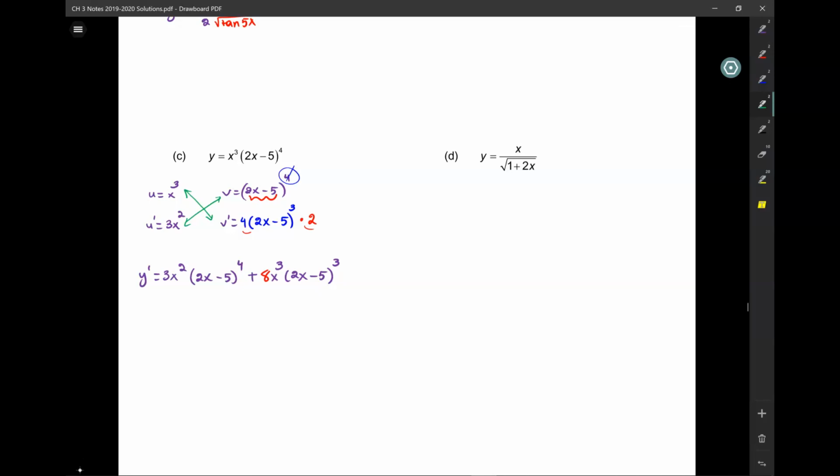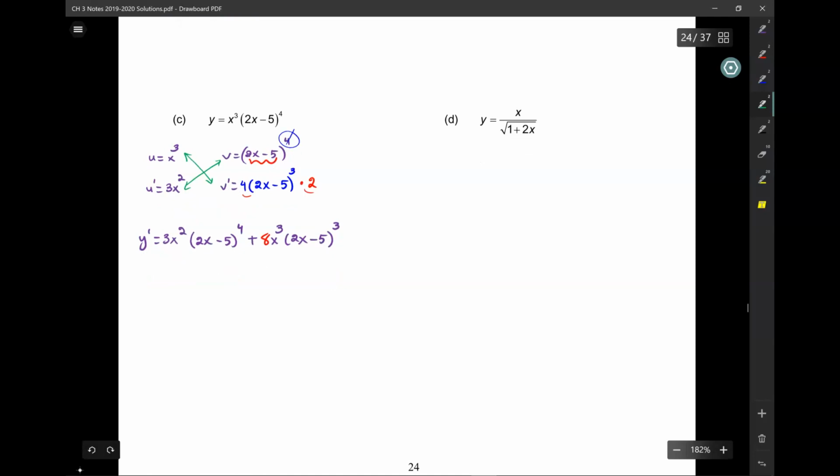But now, here's why, again, in Pre-Calc Honors, I go over this. We can simplify this further because we can factor stuff out. I can factor out an x squared, and what else? (2x minus 5) to the third. So y prime is x squared, (2x minus 5) to the third times something.